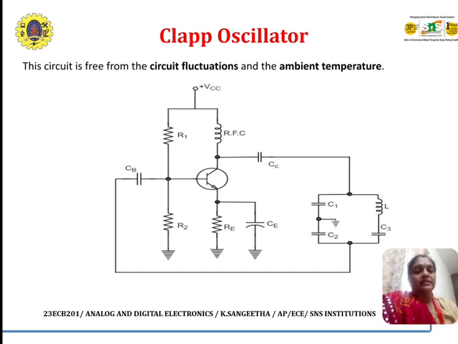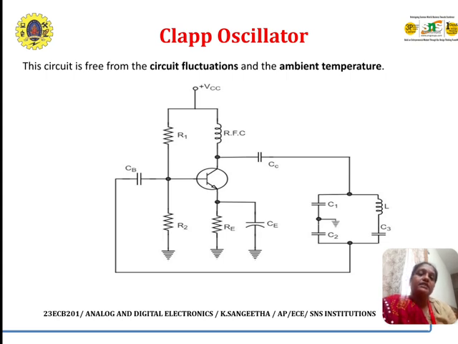As in the Colpitts oscillator, one transistor acts as an amplifier and R1, R2 act as a voltage divider, and two coupling capacitors are used on the base side and the collector side, that is, the input side and the output side. The resistor Re and the capacitor Ce connected at the emitter side are used to stabilize the frequency, and VCC is applied.